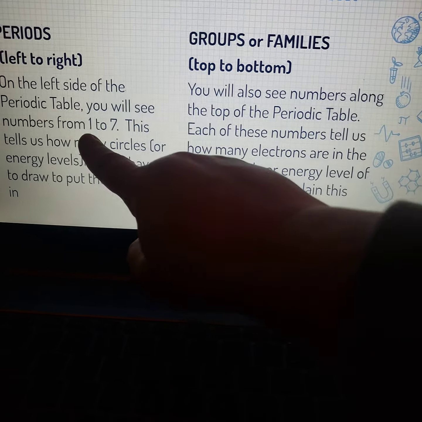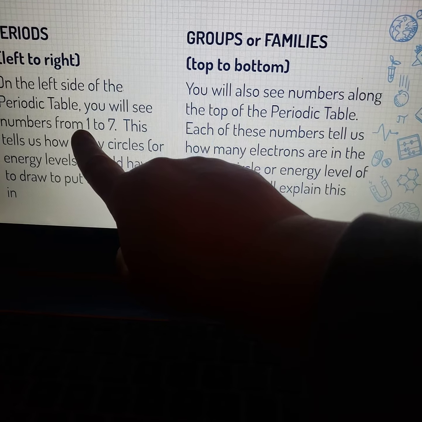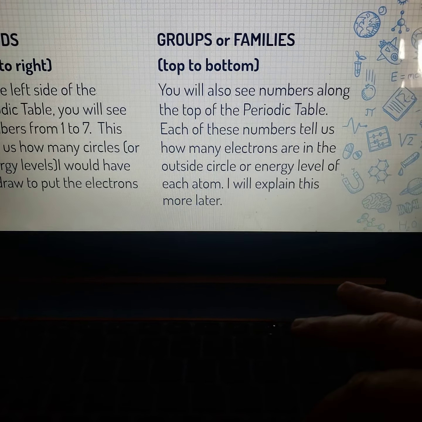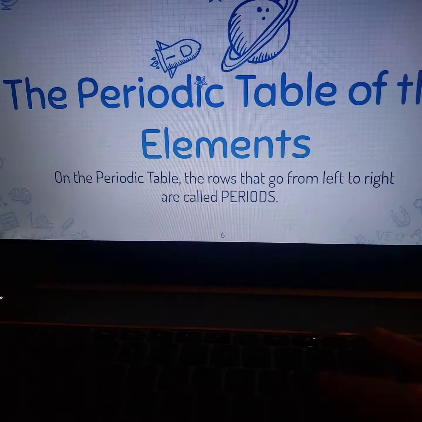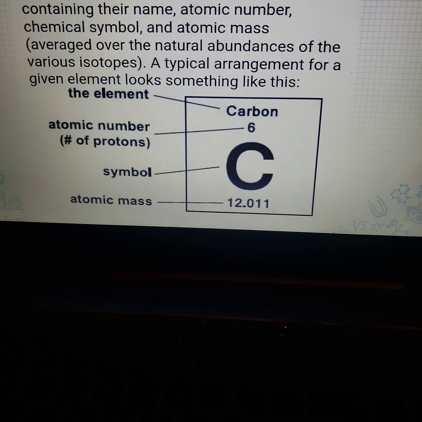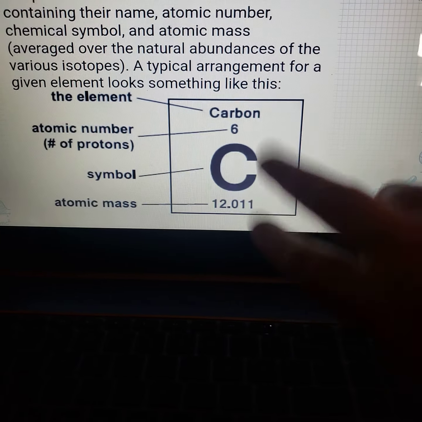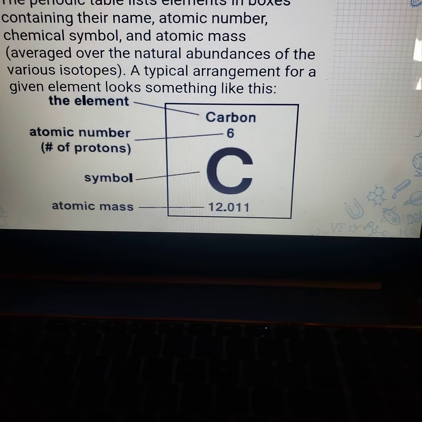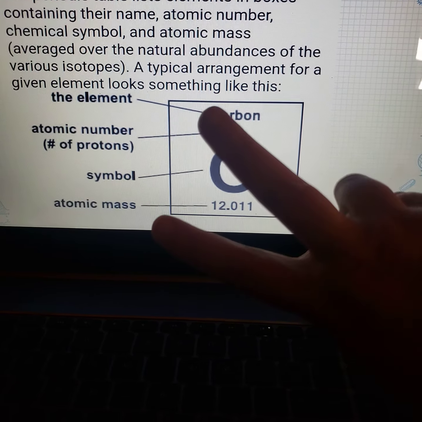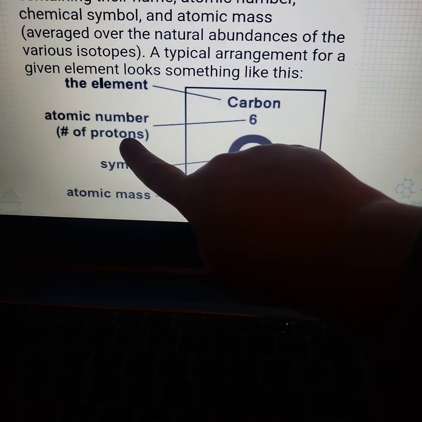For example, if we use hydrogen, sorry guys, if we use hydrogen, we'd only need 1 circle. But let me go back to this. Carbon is in the second period. So how many circles would I have to draw? 2. And that's right, because carbon has 6 protons.